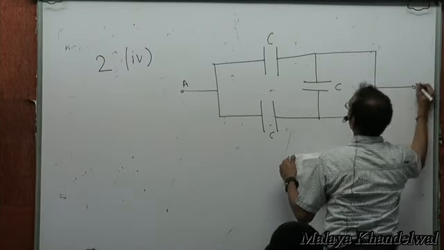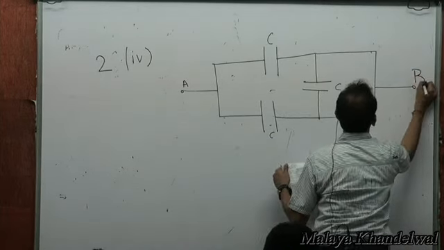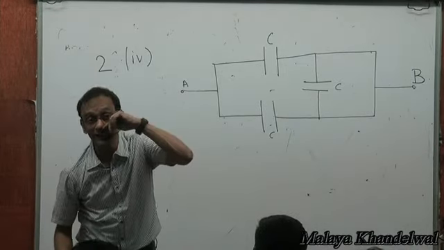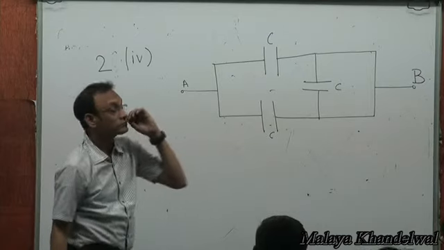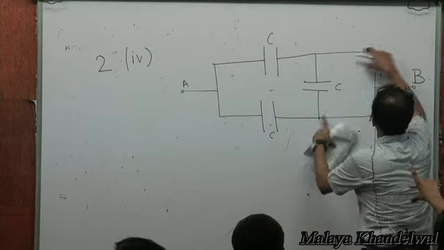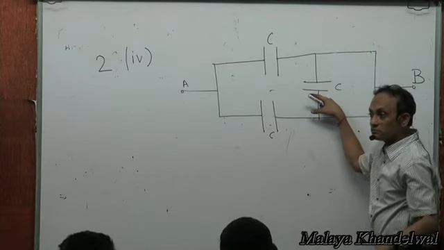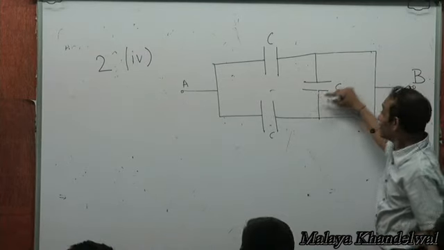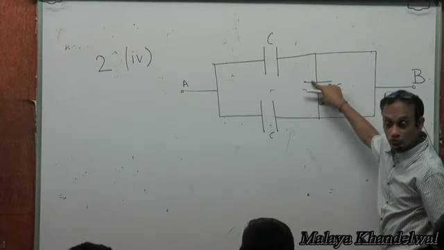I want to find the equivalent capacitance of this arrangement between points A and B. See, look at this. These two plates are connected by a conductor, so they'll be at the same potential. If they'll be at the same potential, the electric field between these two plates is going to be 0.